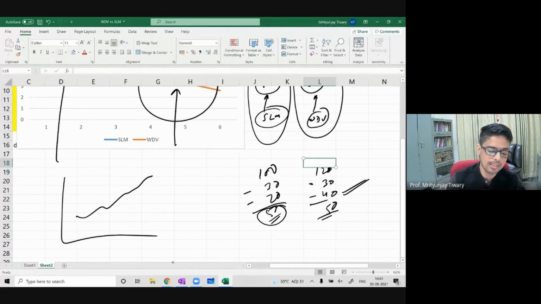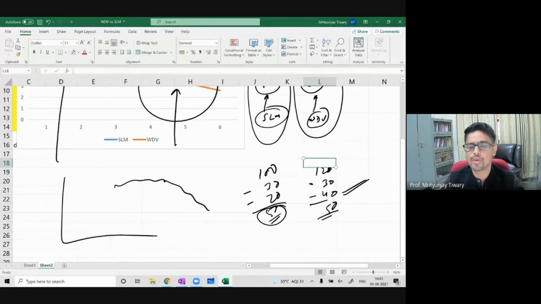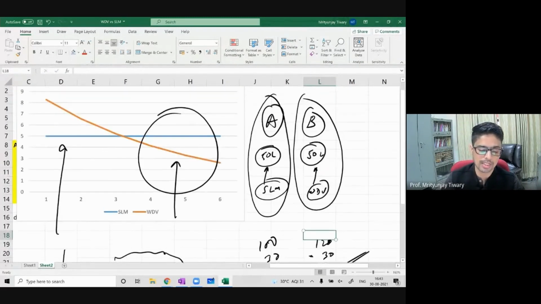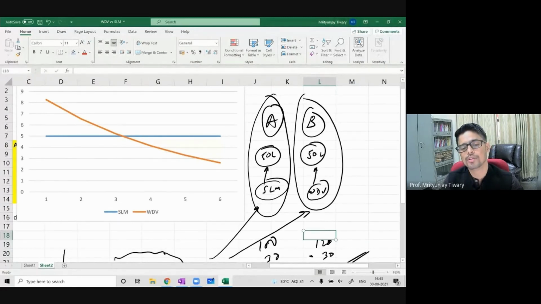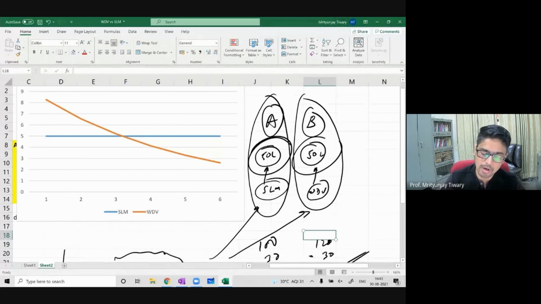Whereas if you are in the stage of stagnancy or decline, when you are not accumulating too much of an asset and all the assets are pretty old, that means you would have moved to the second half of the asset usage. And that is when your inference will reverse: the one which is using SLM must be doing much better than the one which is using WDV, if they are both reporting the same amount of profits.